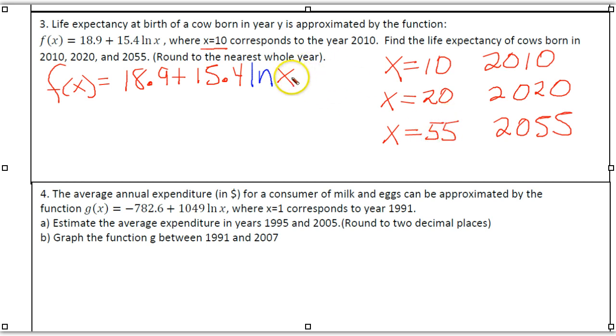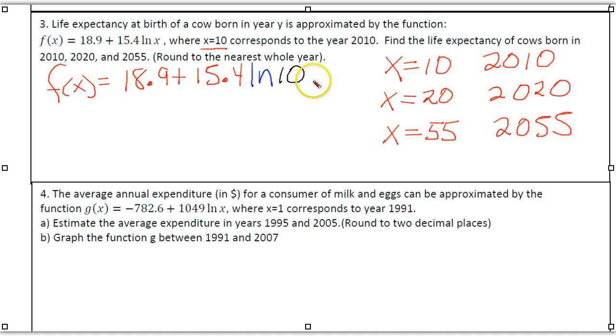So what we're going to do now is put a 10 there. Get our eraser, take this out of there, and put a 10 there, and just put this into our calculator. 18.9 plus 15.4 natural log 10.